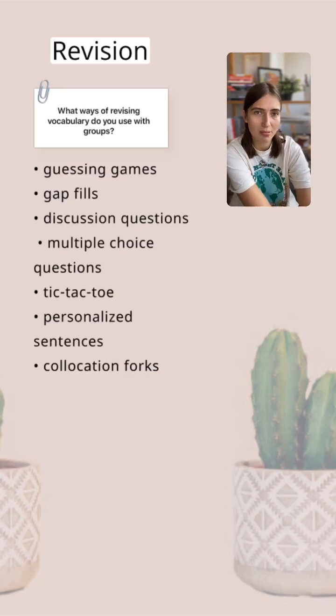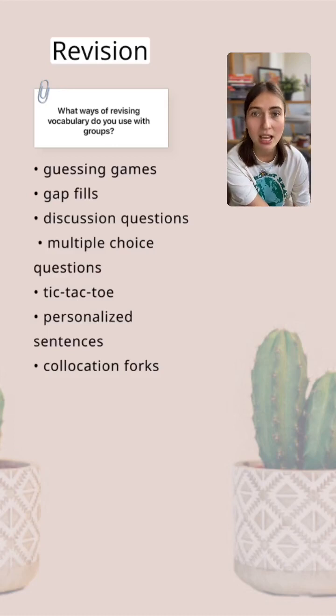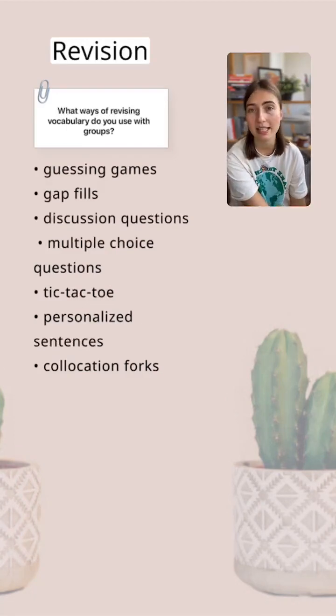I would say that I use pretty much the same revision or recycling activities that I use with my one-to-one students. So we can have some guessing games, some gap fills. Basically, I write some sentences with some gaps. Maybe we can create discussion questions which have target words within them. Maybe multiple choice questions, maybe tic-tac-toe.